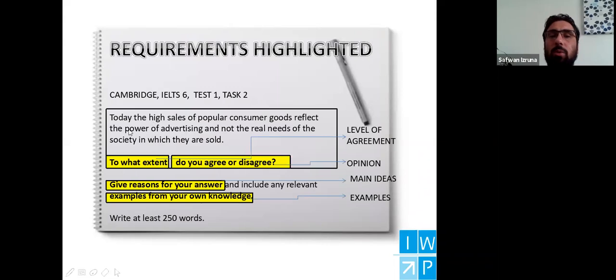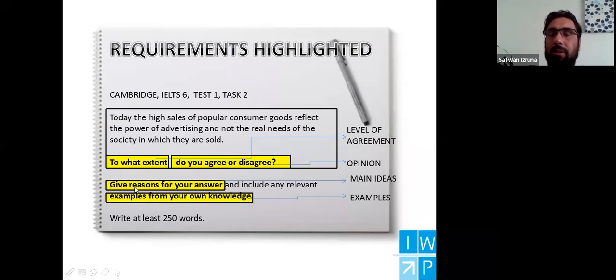So let's take a look at the question here. Today, high sales of popular consumer goods reflect the power of advertising and not the real needs of society in which they are sold. Okay, so here we have to what extent. We should really make it clear if we agree or disagree, and to what extent. And then we have our opinion, whether we agree or disagree.